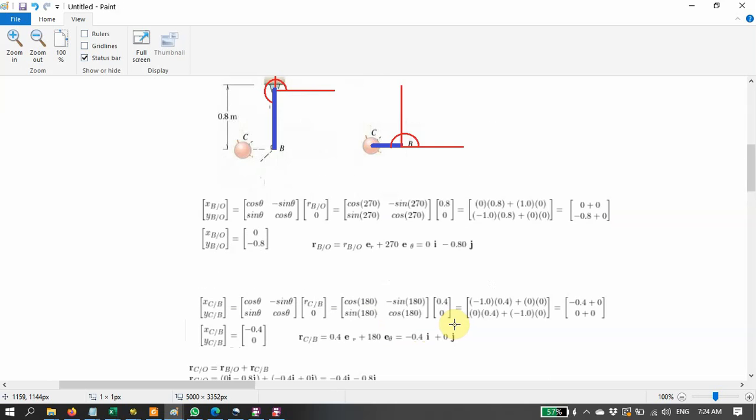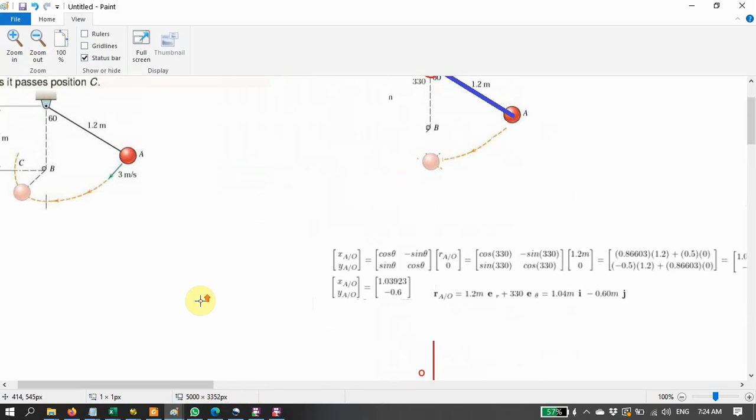For C relative to B, the position vector's r axis is about 180 degrees from the x axis, and the distance is 0.4 meters. Here we have 1.2 meters, and then we have 0.8, so we have 0.4 meters.